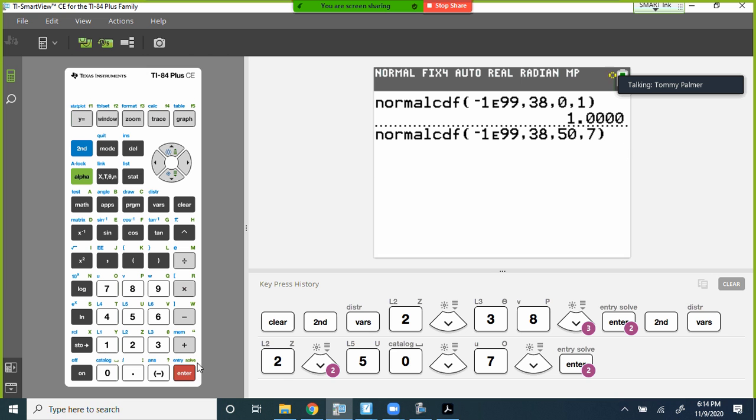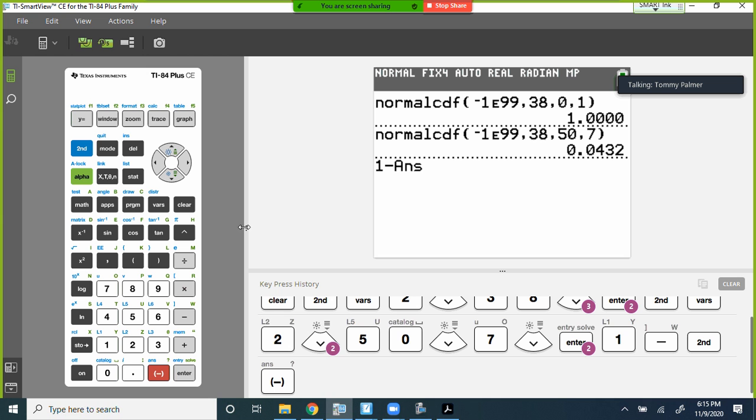And if you paste that, you get 0.432, right? Okay, now mine is rounding to 4 decimal places. The table went to 5, right? Okay, so that's the area to the left, but I need the area to the what? To the right. So I can very quickly go 1 minus, and if I go second negative, that gives me this answer, and I can hit it and it's 0.9568, right?